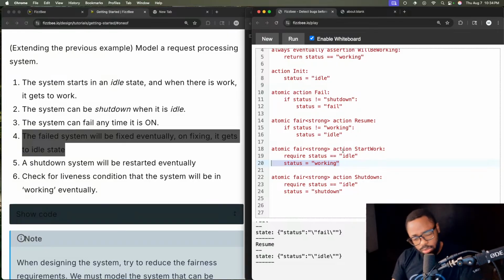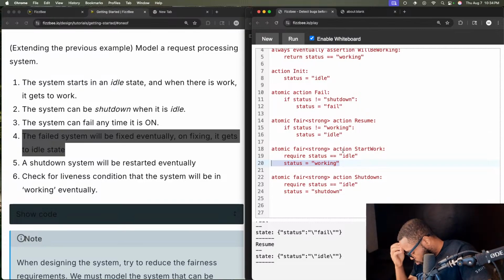Can you just squat on the working status? I don't see why not.